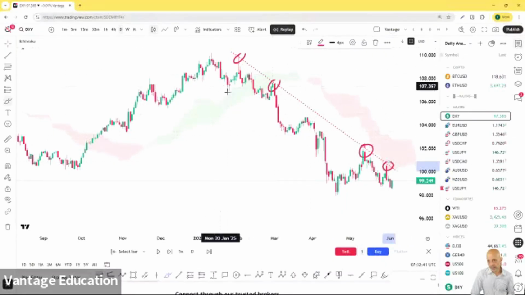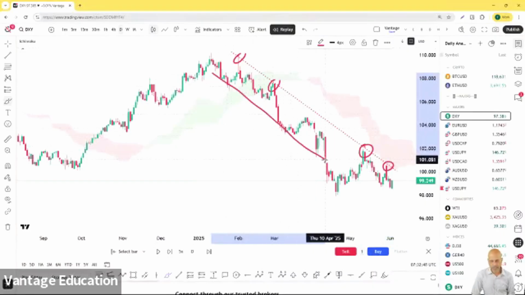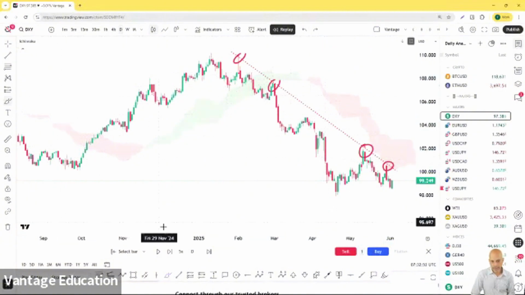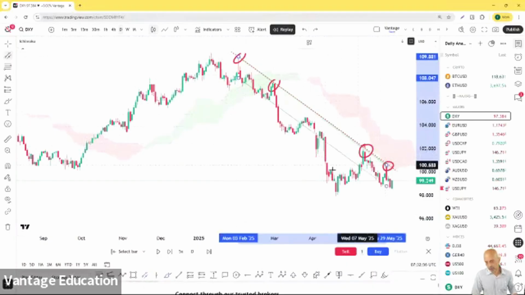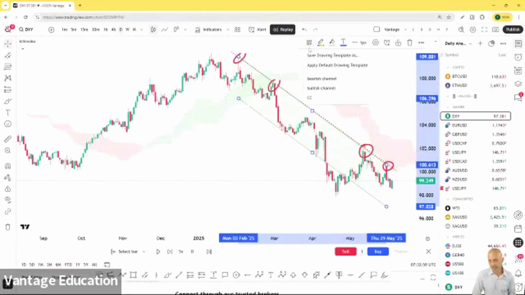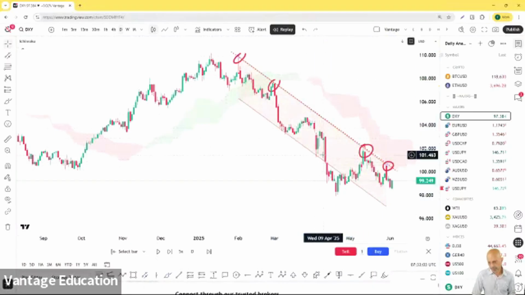Now, similarly, by the time we came to end April, there was actually, in fact, a nice downward channel as well, right? I'll show you guys now. There was a very significant downward channel that had been respected all the way till 9th of April.